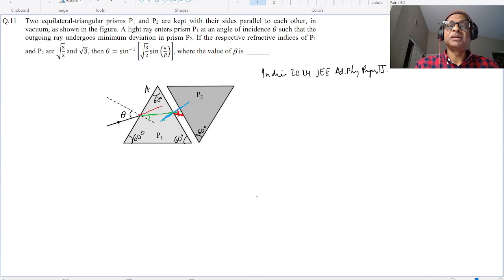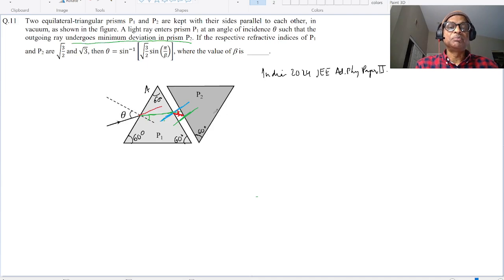But this normal is the same as that normal. Over here it says the light ray, when it passes through prism 2, undergoes minimum deviation.